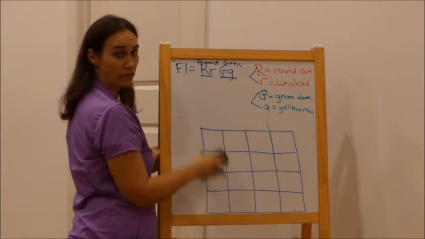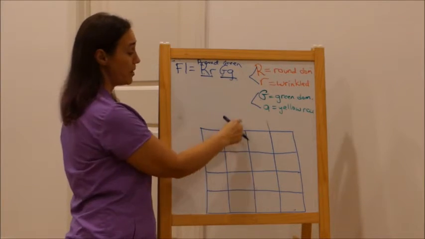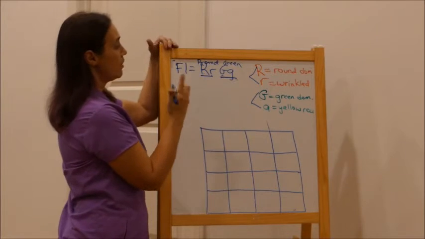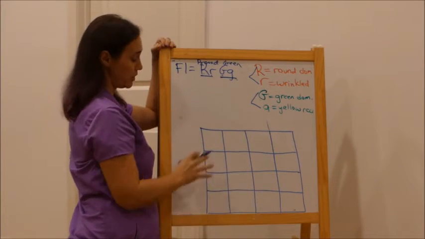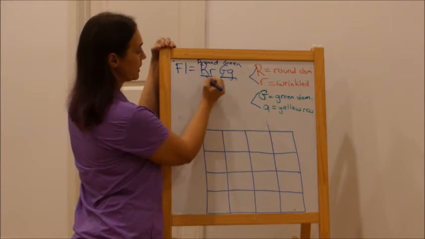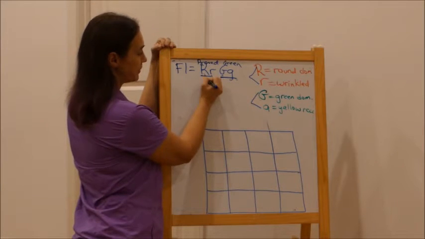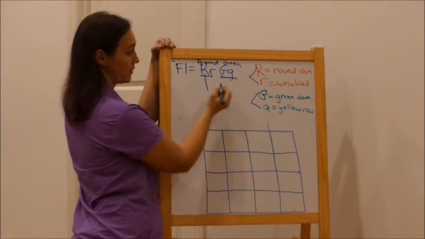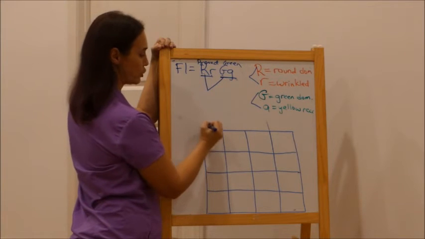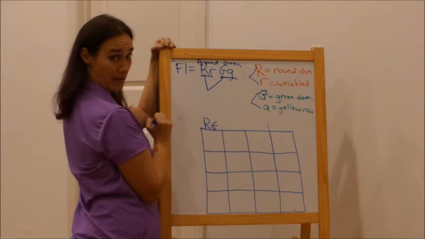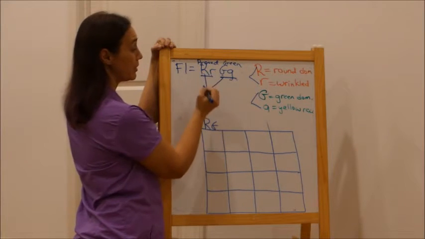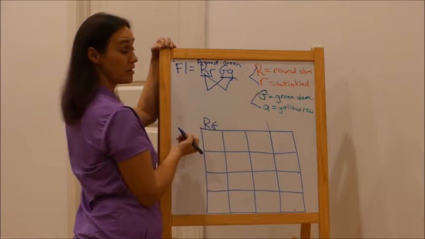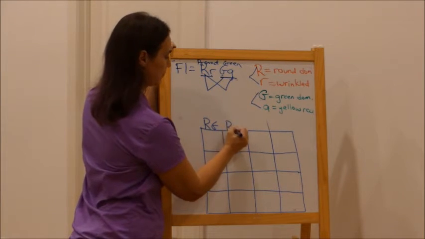Only one allele for each trait can go above each square. So for the first parent, okay, we can use this capital R with a capital G. Second one, this capital R could then also go with a lowercase g.